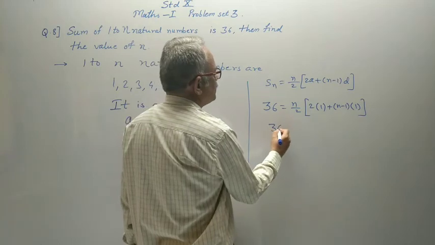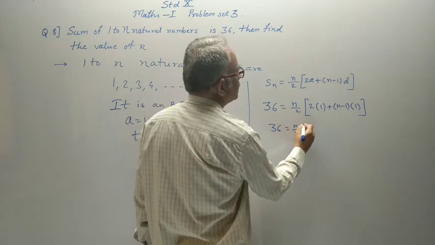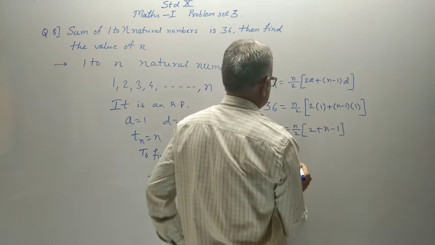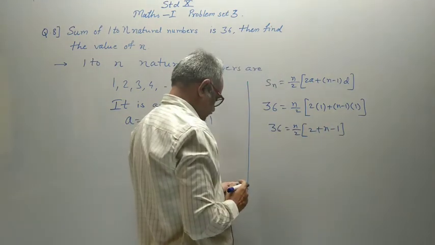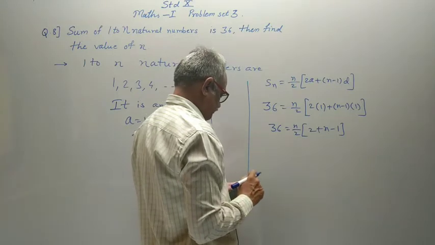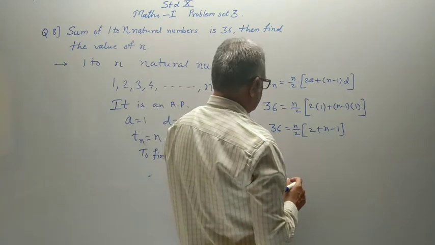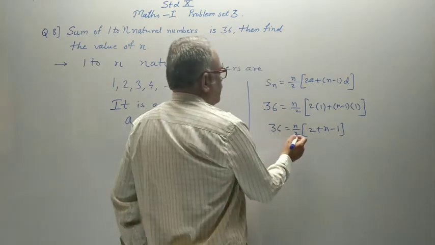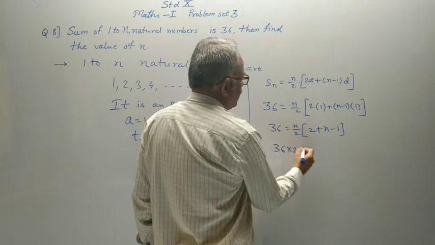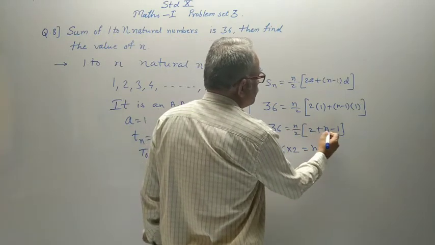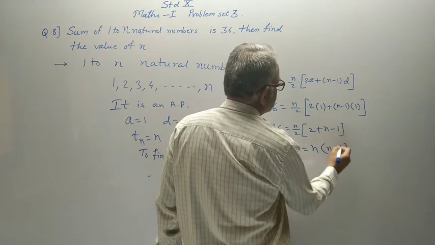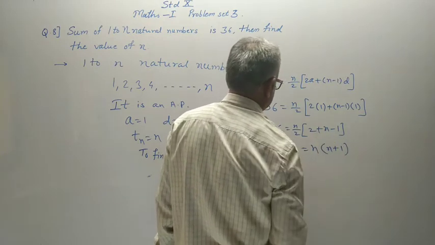So 36 is equal to n by 2 bracket 2 plus n minus 1. Therefore 36 into 2 shifted is equal to n bracket 2 plus n minus 1, which is n plus 1. 2 minus 1 is 1, n plus 1.